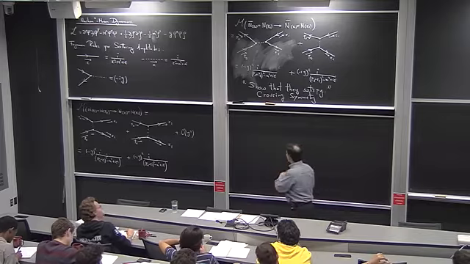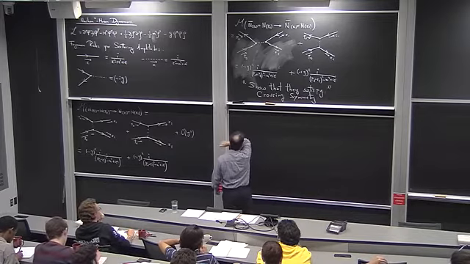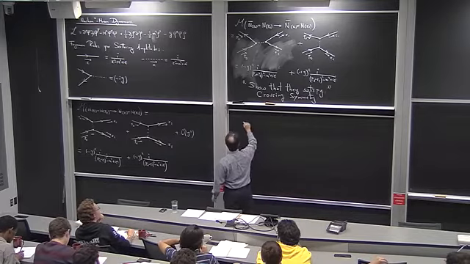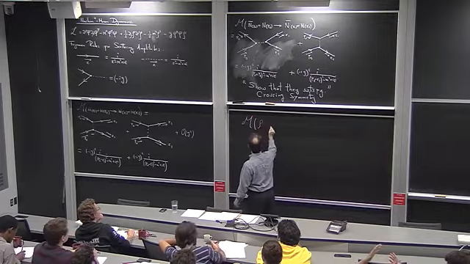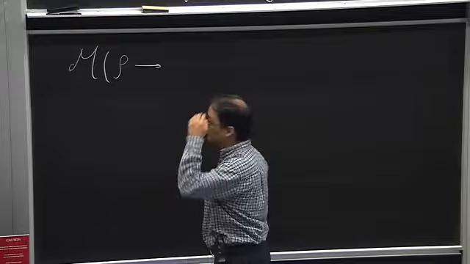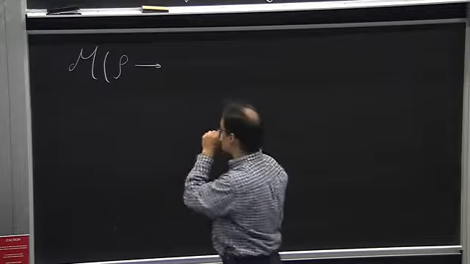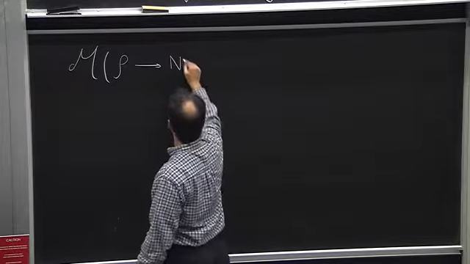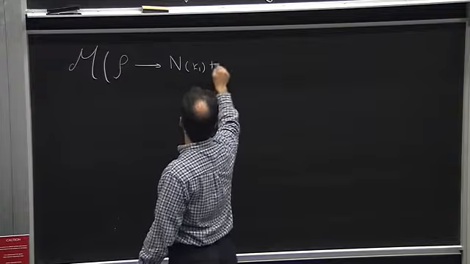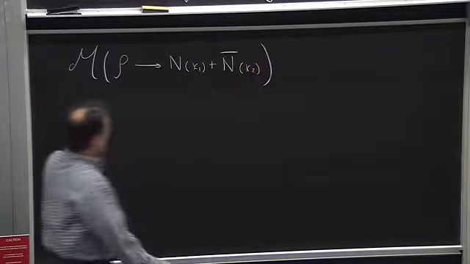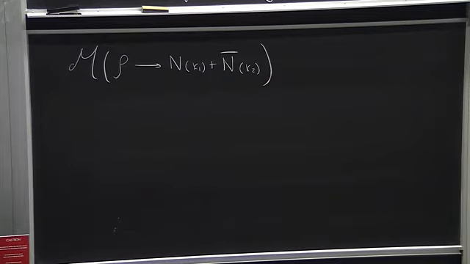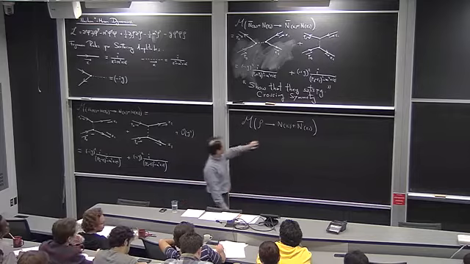Well, what we're going to do next is actually another computation. We're going to compute what happens when you have a rho meson, okay, and it goes into a nucleon, anti-nucleon.